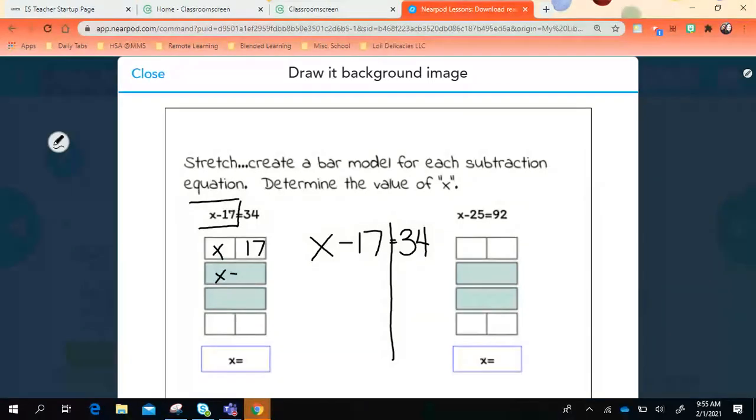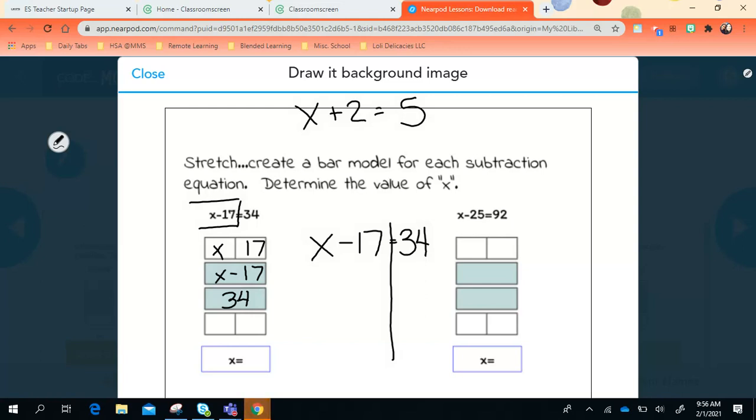I have x minus 17, and then I have 34. If you follow your example, this should be right every single time. This first three sections. Now, we talked about inverse. When I had x plus 2 equals 5, what did I do in order to figure out what x was?